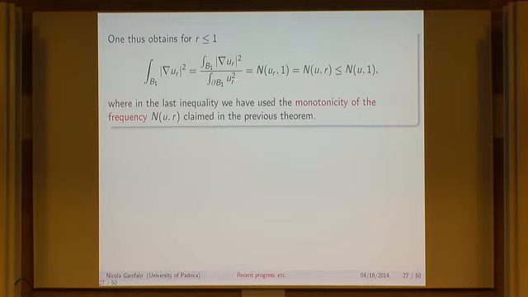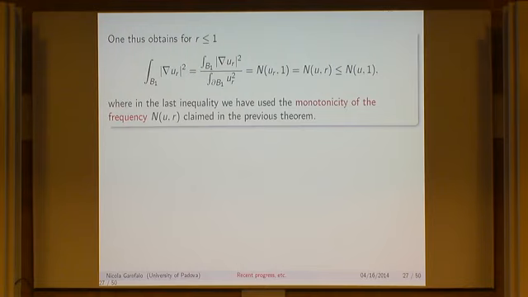But this now, on a ball of radius 1, is the frequency of u_r, which is by scale invariance equal to the frequency of u on the ball of radius r. And by monotonicity, this is less than or equal to the frequency of u on the ball of radius 1. So this tells us something very important, that these rescaled functions are equibounded, have equibounded energy.